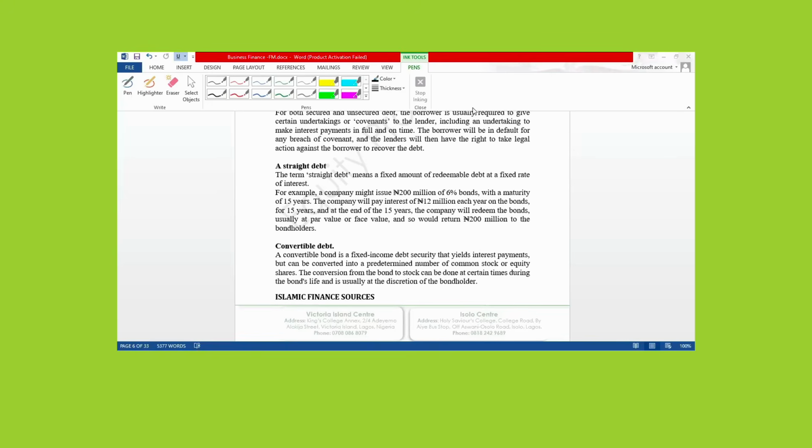The preference dividend must be paid before payment is made to the ordinary shareholders, just like interest on debt finance must be paid.